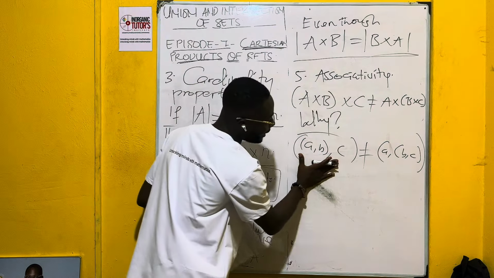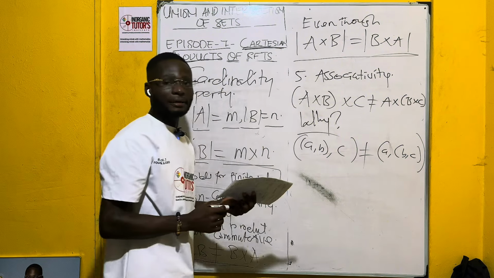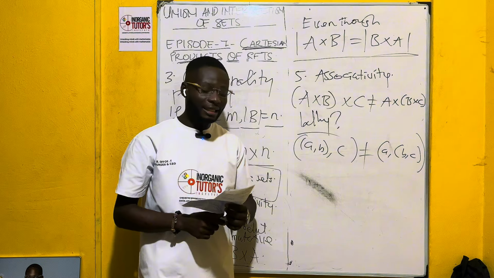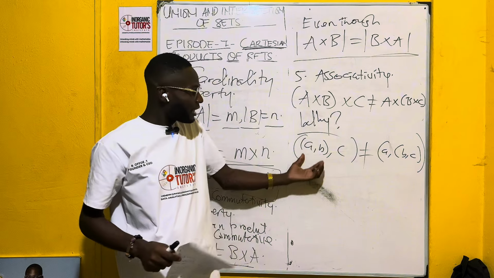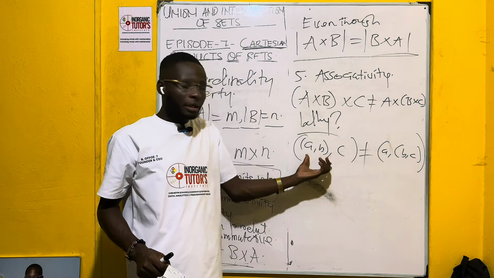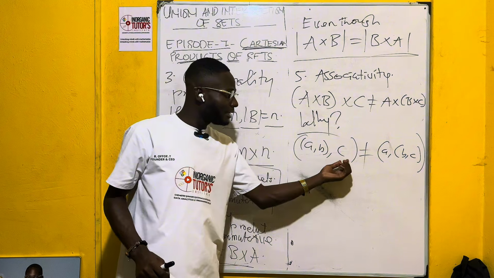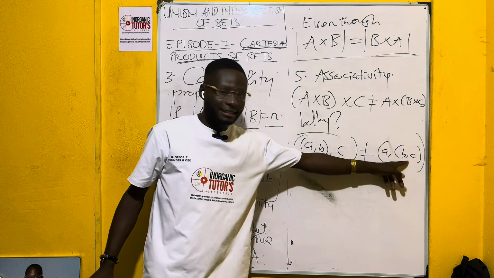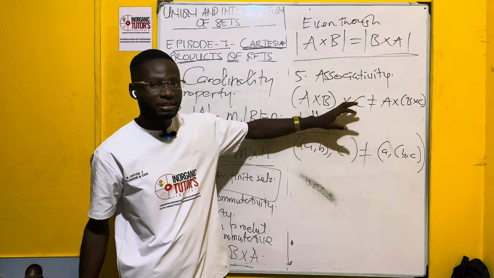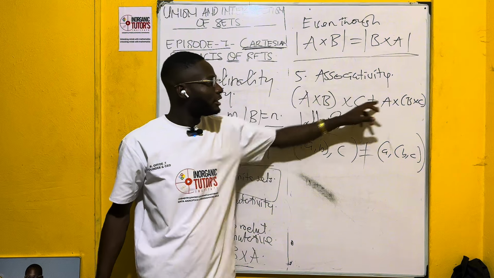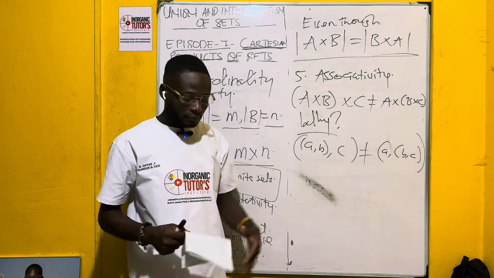So the left-hand side is different from the right-hand side. They are structurally different. You can't tell me that ((a, b), c) is the same as this. Never, right? So that is why, in the associativity, they are not the same.